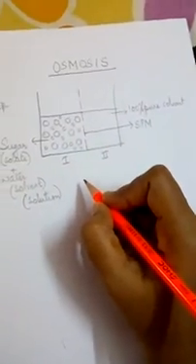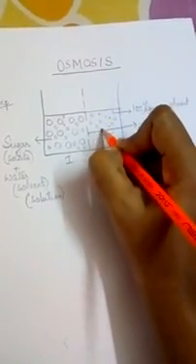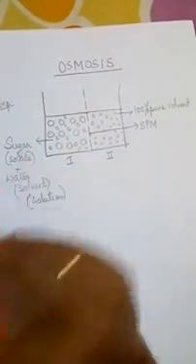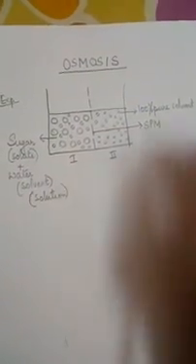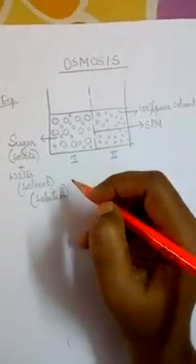Now 100% pure solvent means water molecules. It will only have lots and lots of water molecules and no solute molecules, be it sugar, be it salt, be it whatever.